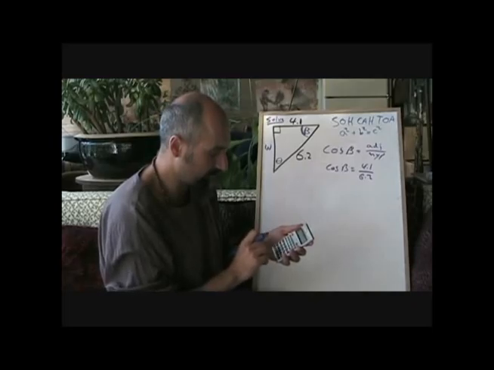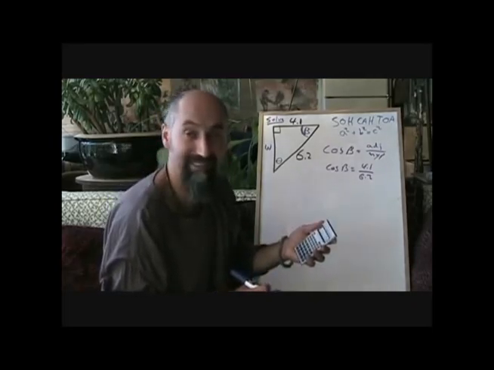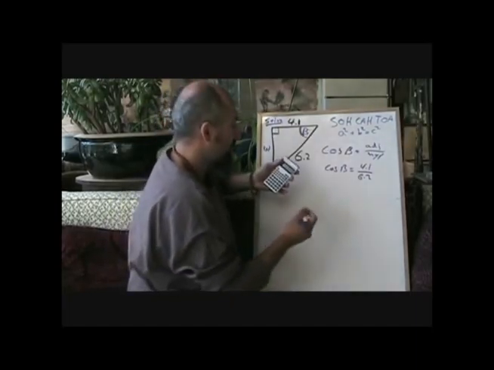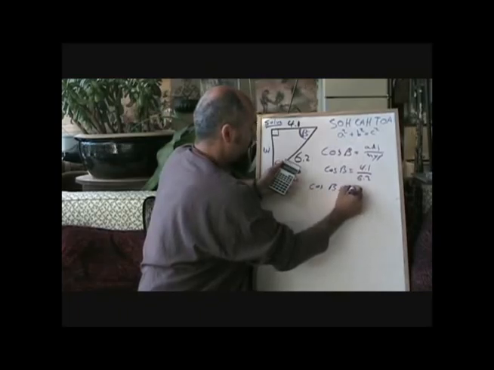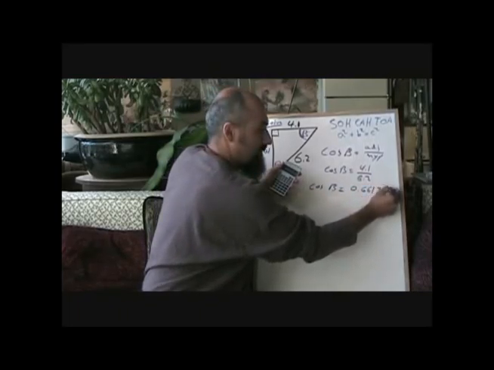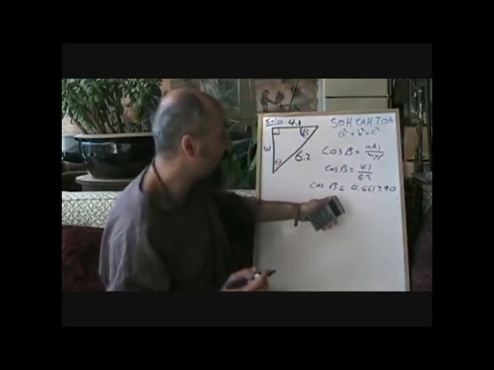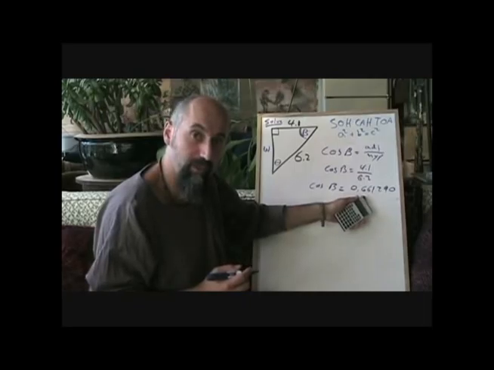So 4.1 divided by 6.2 is 0.6612. So this becomes cos beta is equal to 0.661290, and so on.